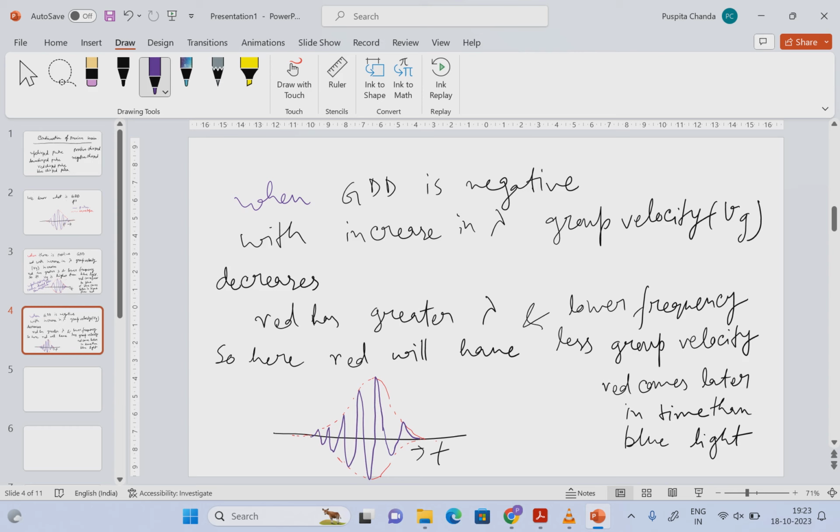This type of pulse is called a downchirped pulse, negative chirp pulse, or red chirp pulse.